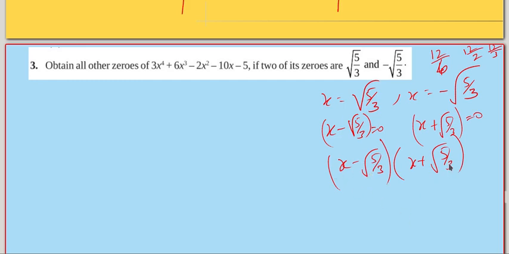Here it is a minus b and a plus b format. So we will get x square minus square root of 5 by 3 the whole square. Square and root will get cancelled. We will get x square minus 5 by 3. So x square minus 5 by 3 is also one of the factors of this given polynomial. The product of these two factors is also a factor, so definitely it is divisible by this factor.